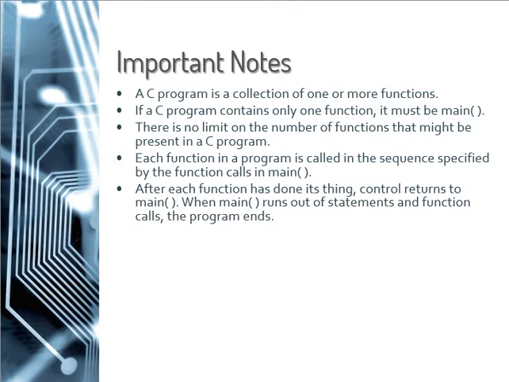Since that is where it starts, the sequence of your function calls depends on main. So whichever function is called first, or is seen first by your compiler, that is the first one to be called. Okay. After each function has done its thing, control returns to main. When main runs out of statements and function calls, the program ends. So, it ends right away. Okay, so your function must return to main so the code stops. No, it always goes back to main.